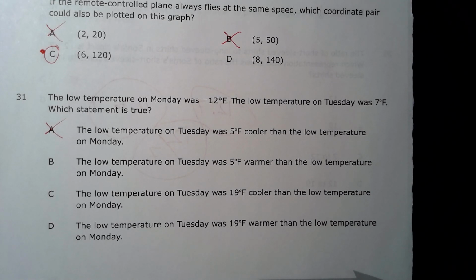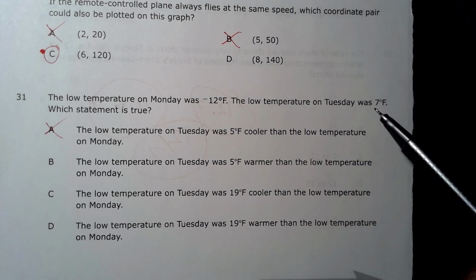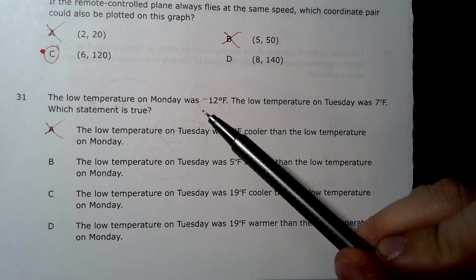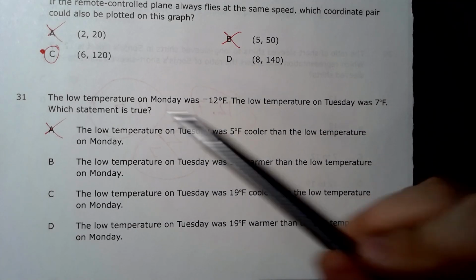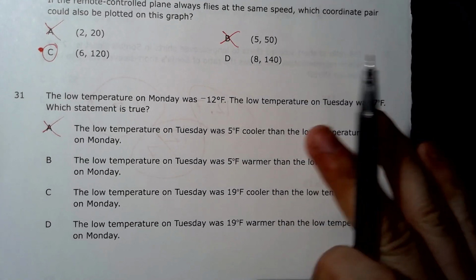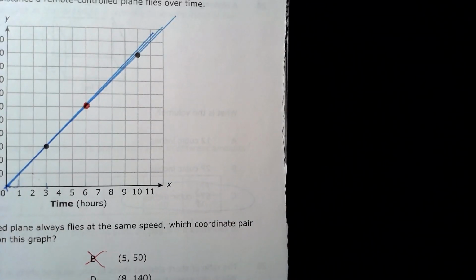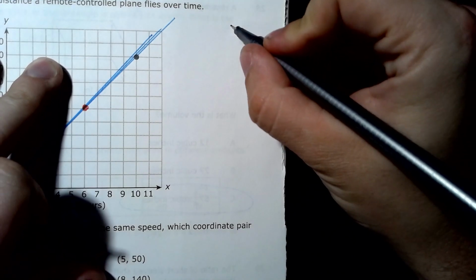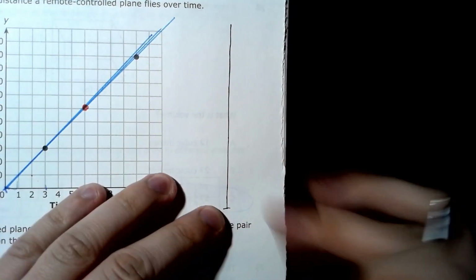Well, let's see. What is the distance from negative 12 to positive 7? I would have to go up by 12 just to get to 0 from negatives. And you can see that if we draw a number line. I'm going to borrow this space on my paper. I'm going to draw a number line. We're going to start at negative 12.